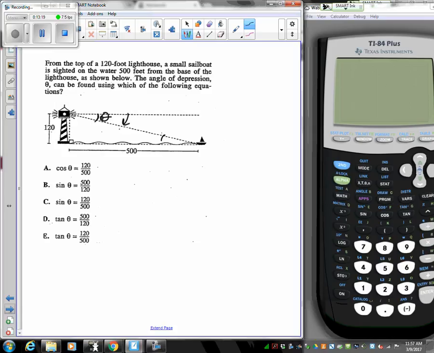So even though this is a different angle down here, it'll have the same measure. If I look at that angle, I see that this is the opposite and that's the adjacent side, so we would use tangent. We get tangent of the angle theta equals opposite over adjacent. So it's 120 over 500.